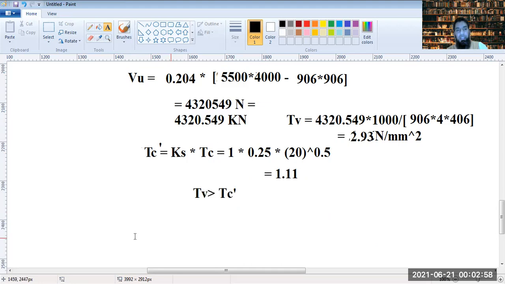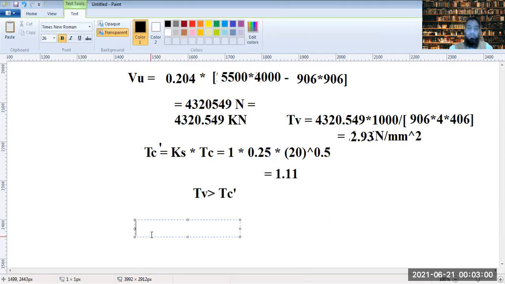So let's now take a deeper section. You only had two options in order to decrease the value of tau v.